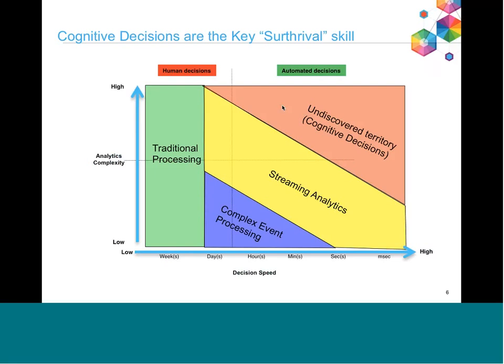You have a high degree of analytics complexity, and you have a lot of traditional processing and human decision making. And then typically, if you can do that kind of deep data science analytics and get value out of the data that you've collected, then you can make some decisions based off of that. But it's very elongated from a time standpoint.